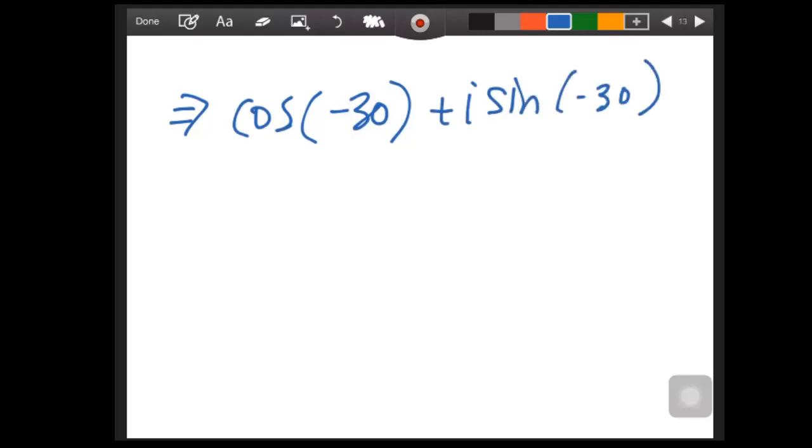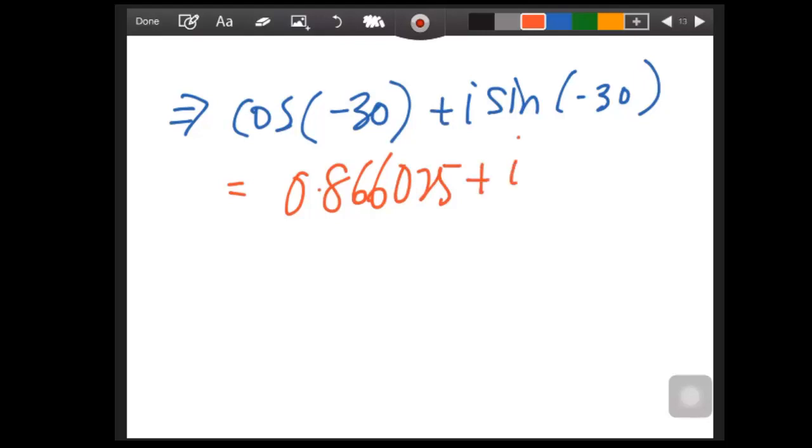So yang sini kita akan dapat 0.866025, and then tambah dengan i ni darab dengan sin 30. So because of the sin 30 is negative sign lah, so will be negative 0.5. Okay, so ini boleh pakai kalkulator je.